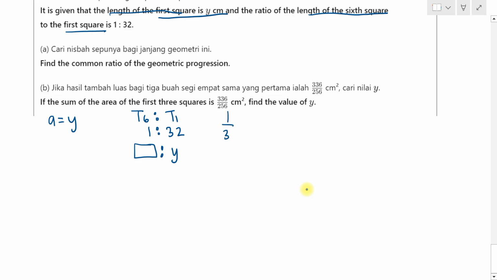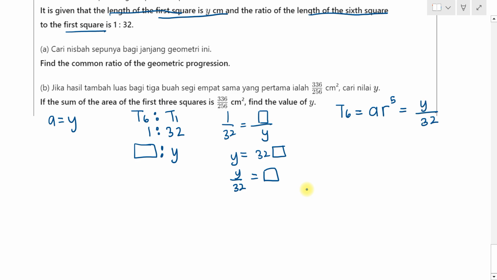So 1 over 32 is equal to box over y. I don't want to put x, it would look more complex. So y is equal to 32 box, y over 32 is equal to box. So T6, which is equal to a r power 5, is actually y over 32.